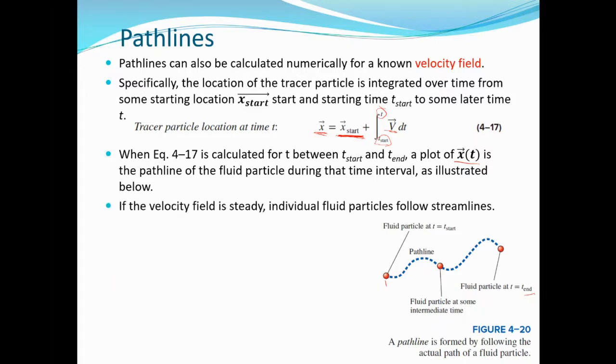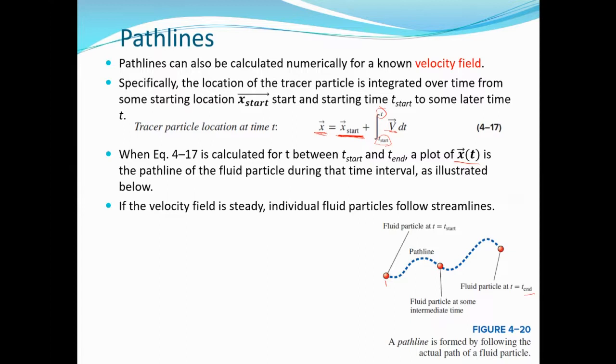If the velocity field is steady, individual fluid particles follow streamlines. Meaning if the velocity field does not change with time at a given point in space, individual fluid particles follow streamlines, meaning they follow clearly defined patterns. I told you we just plotted a streamline, which is a line that is at any point tangential to the velocity vector. Remember, we plotted the velocity vector and then we joined the points by a streamline.